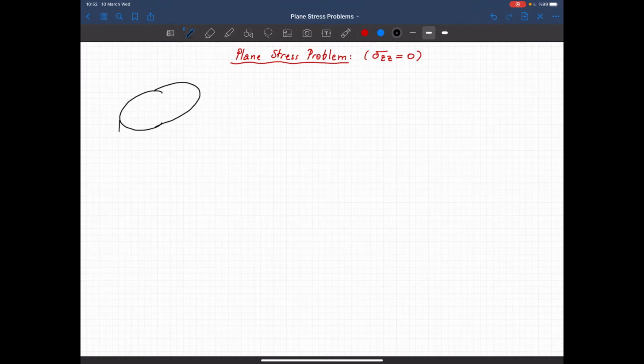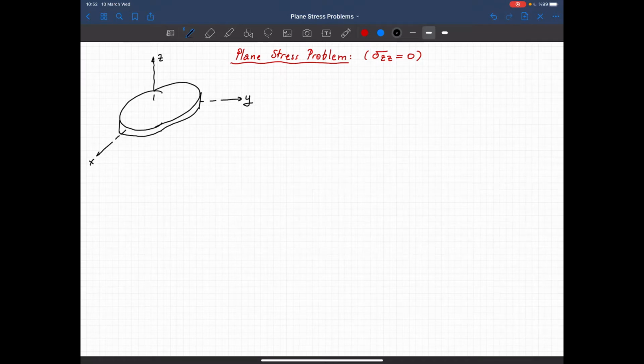It has a certain thickness. Let's call this axis X. So we have the y-axis here, and that would be the z-axis.